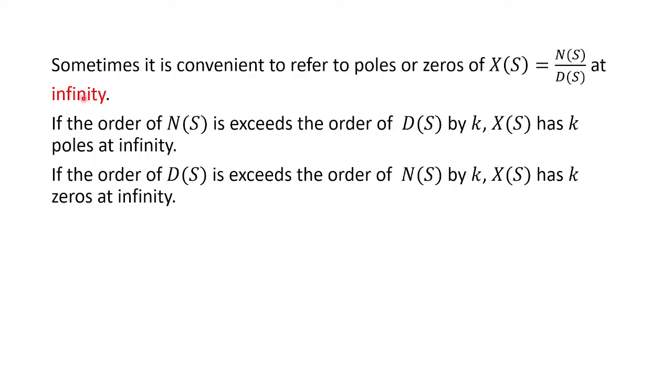Let's say infinity is a pole, meaning this function goes to infinity as s goes to infinity. That means big N has higher order than big D. If the order of N is more than the order of D by K, then you have K poles at infinity. On the other hand, if the order of D is more than the order of N, then as s goes to infinity, X goes to 0, and you have K zeros at infinity.